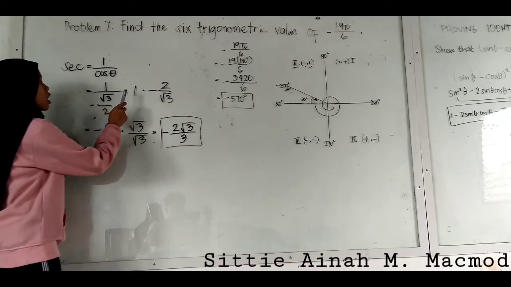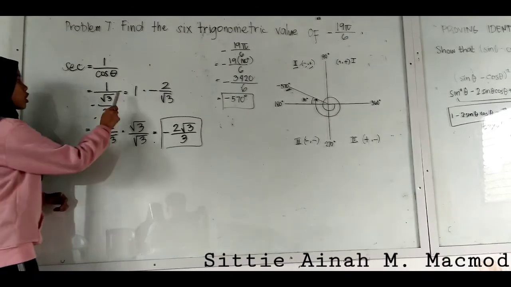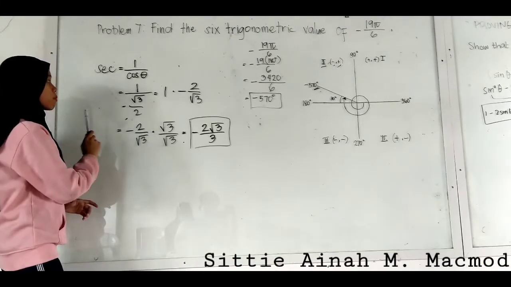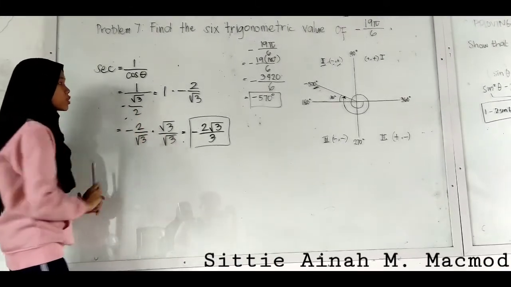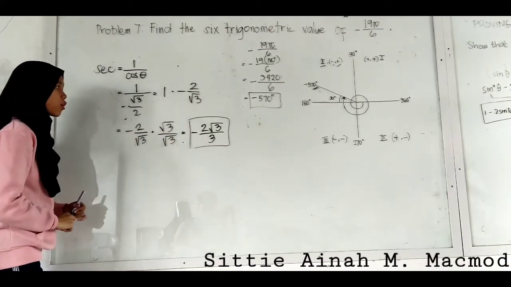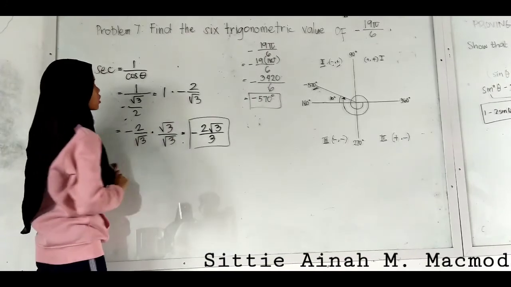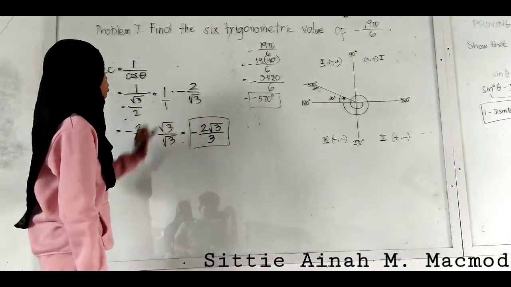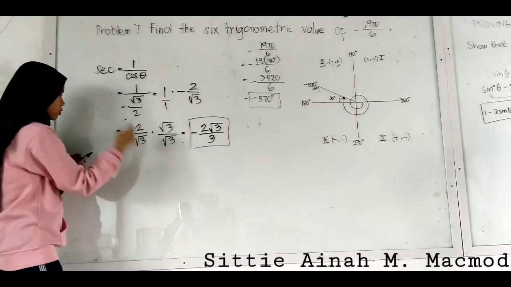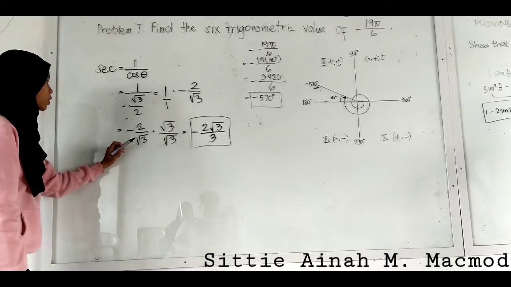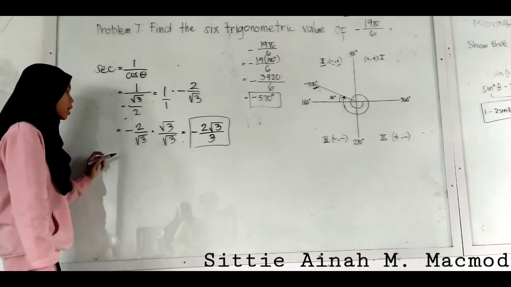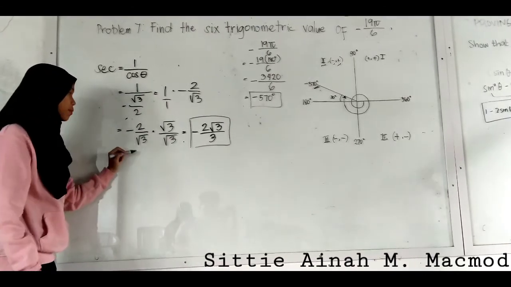Let's solve. There is a fraction in the denominator, so we need to take the reciprocal. It is automatic that there is a 1 here. Then we rationalize because there is a radical sign in the denominator.